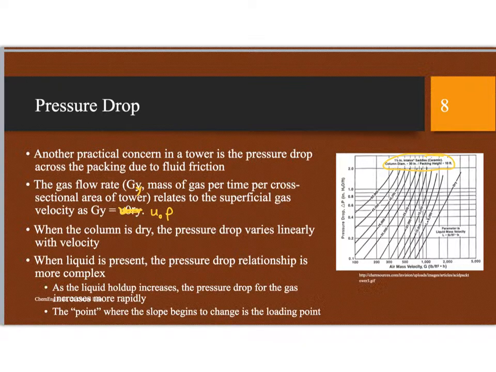And then each one of these lines here represents a different liquid mass velocity. And so if you know the gas mass velocity, okay, let's choose a number here, and the liquid mass velocity, let's go with this one here, we can find where they intersect, and that will then determine my pressure drop.